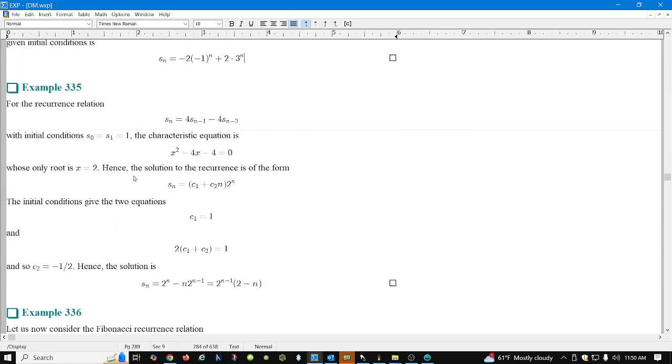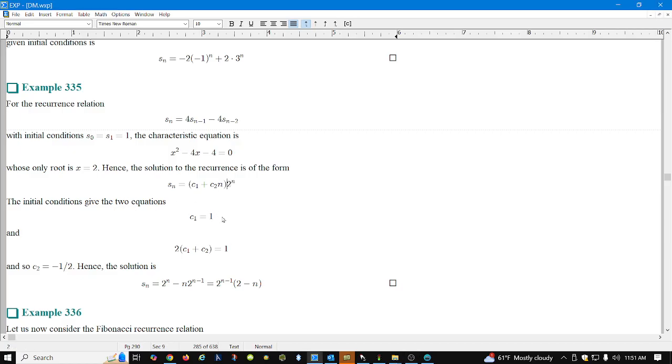So this one's going to be similar. This recurrence relation with these initial conditions. This is the characteristic equation. It has only a single root, x equals 2. So this is the form of the general solution. Here, the x is 2, so that's why this is a 2 here.